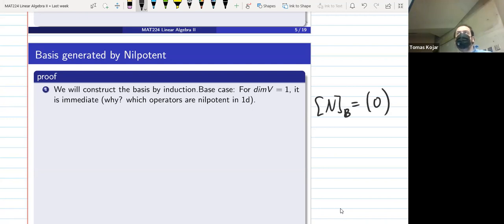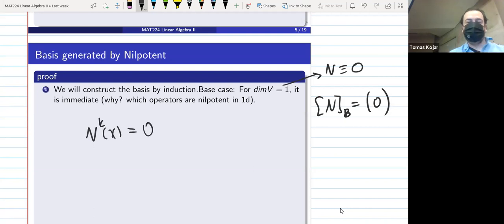In other words, why in dimension 1 do we have that N is the zero map? N^k of x is 0. So N^k of x is in the span of x. Take a fixed x naught in V, and then take any other element a x naught.